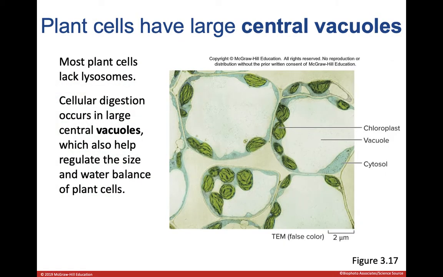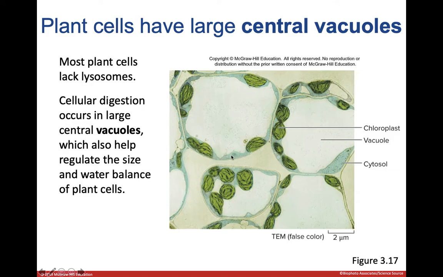So most plants, as I mentioned earlier, are going to have that big vacuole in the middle of them. And this is one of those key differences between plant and animal cells, other than the cell wall and those chloroplasts. So in plants, cellular digestion is going to occur inside of that big vacuole. This is where they're going to store water. You can see that here.